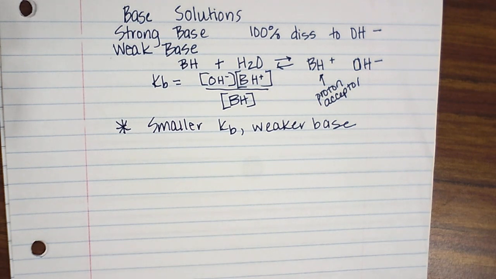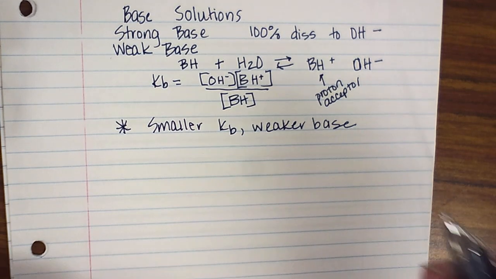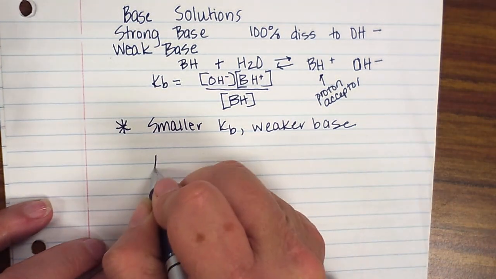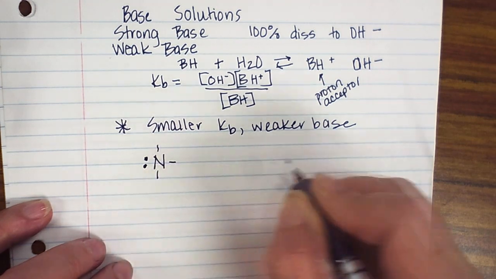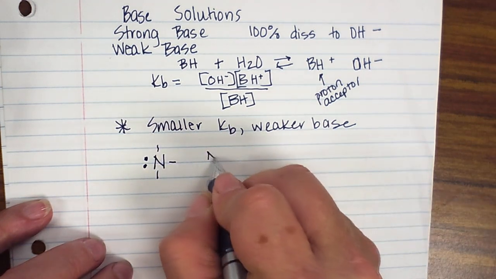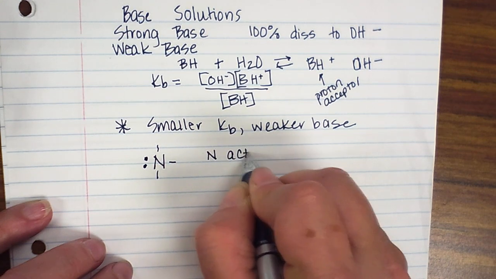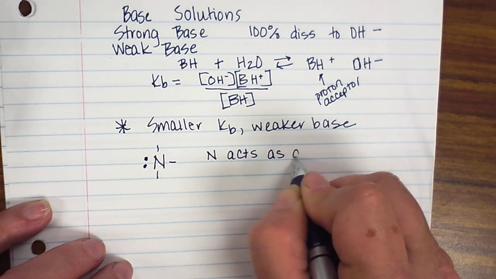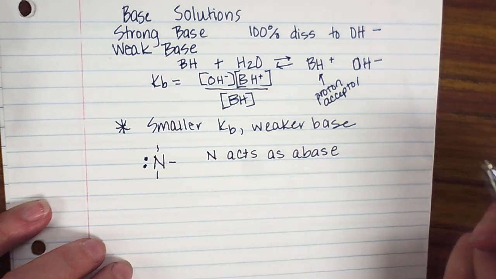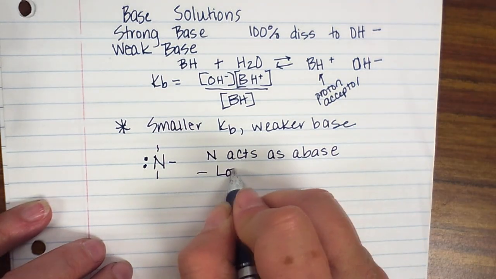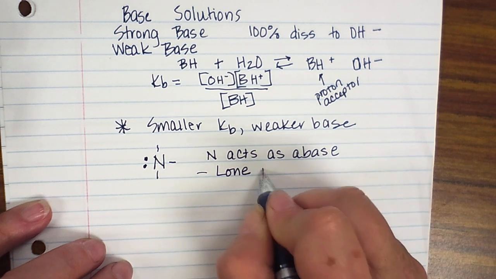Now, a good call on these tests is that if it has a nitrogen in it, it's probably a Bronsted-Lowry base. The reason is because the nitrogens have that lone pair. And so nitrogen acts as a base. Because that lone pair can accept a proton.